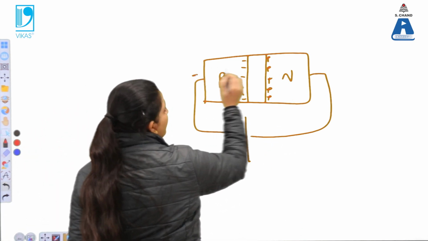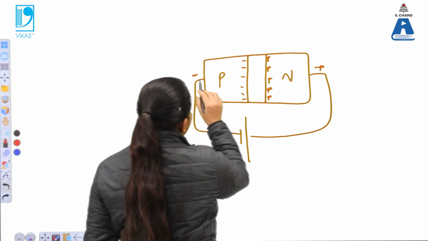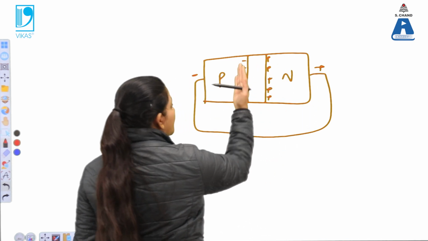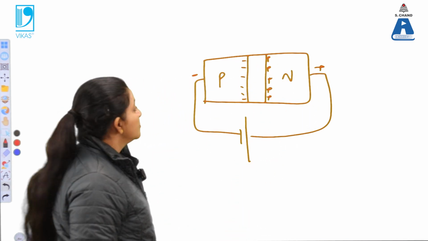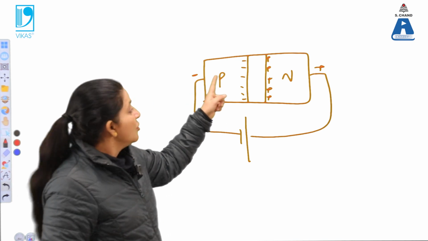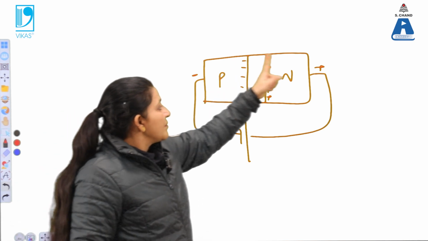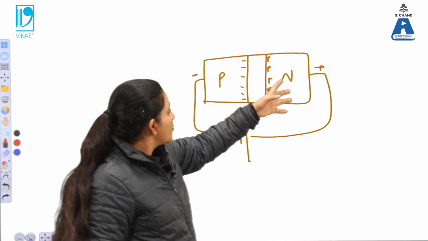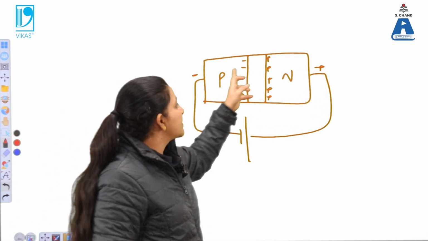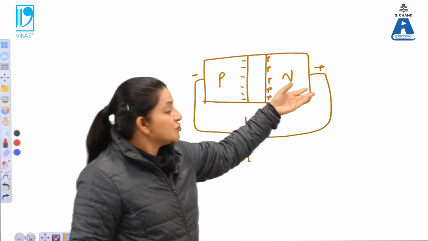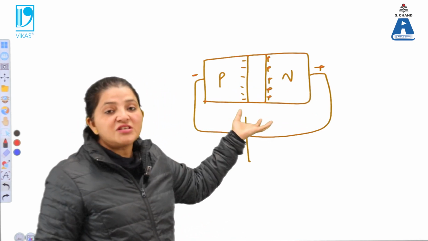That means negative is here and the positive is here. So negative means now it will further prevent the flow of electrons. That means this negative is there, so electrons cannot jump from N to P. Now if the positive is there, then automatically what will happen? The holes cannot jump from P to N. So that means the current will be very small.